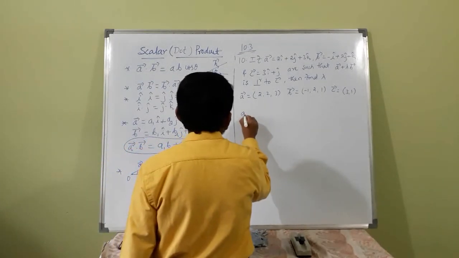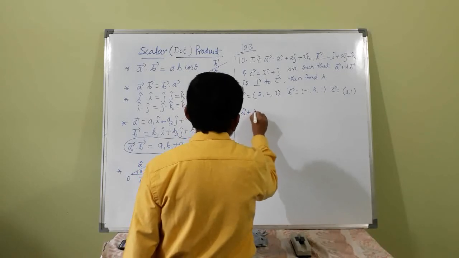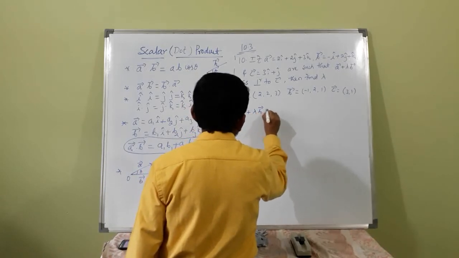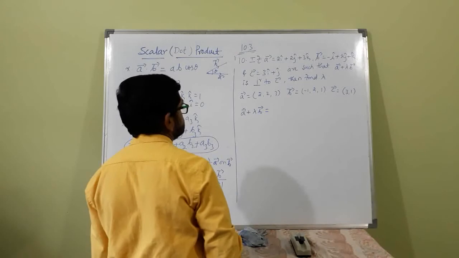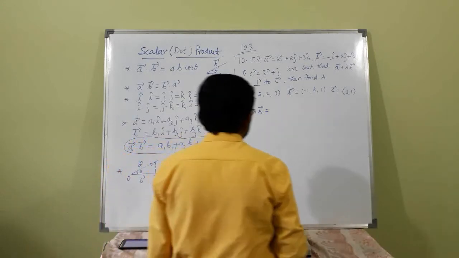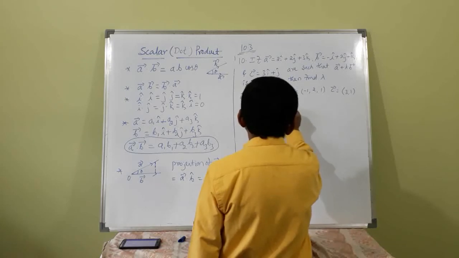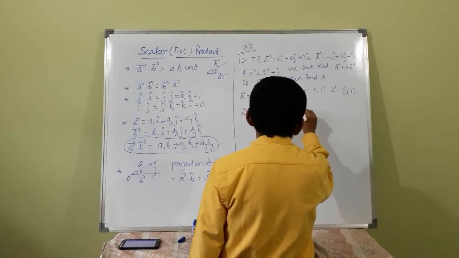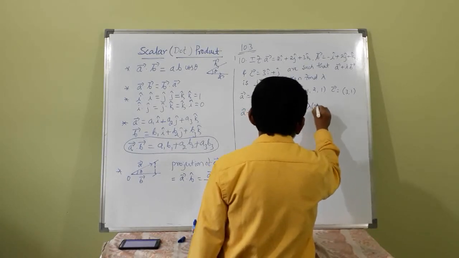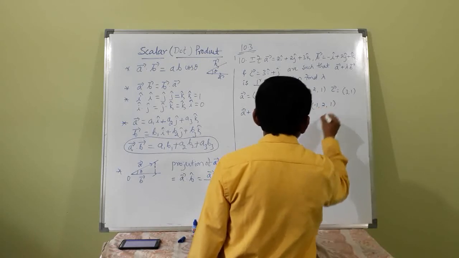A plus lambda B is equal to 2, 2, 3 plus lambda into minus 1, 2, 1.